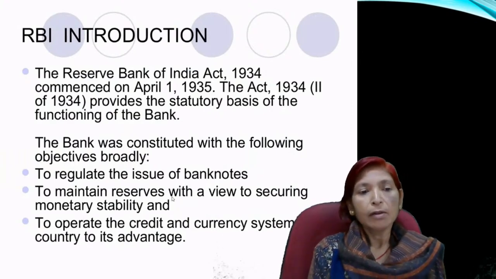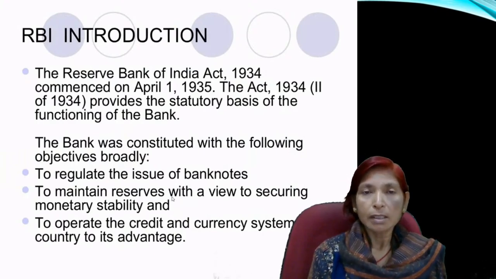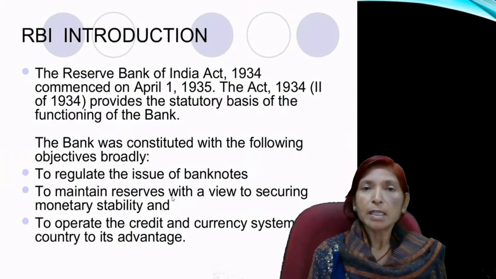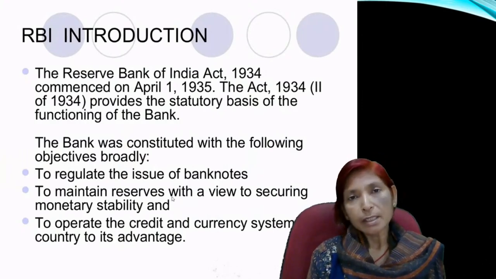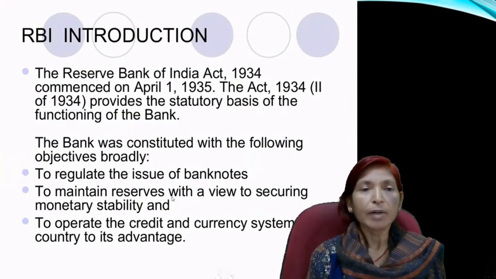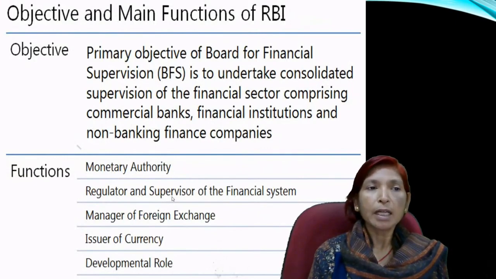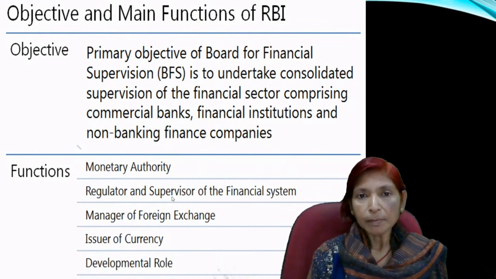So the main purpose of RBI is to regulate the whole currency of the country and to maintain the minimum reserve, which is required for issuing paper currency, and to operate the credit and currency system of the country to its advantage. And the main objective of RBI is the primary objective of financial supervision.